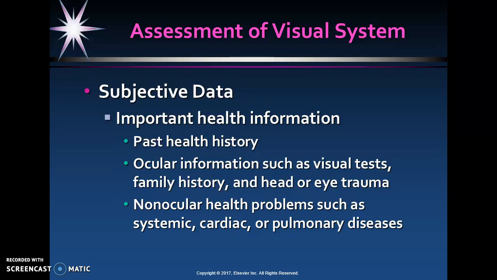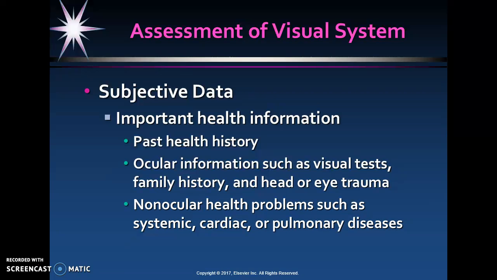Medications can also affect the eyes by causing dryness, or by causing dilation or constriction of the pupil. So it's important to know what kind of medications, whether prescription, over-the-counter, or herbal, because different things have an effect on the eyes. It's important to get that information from your patient when you are doing your assessment.